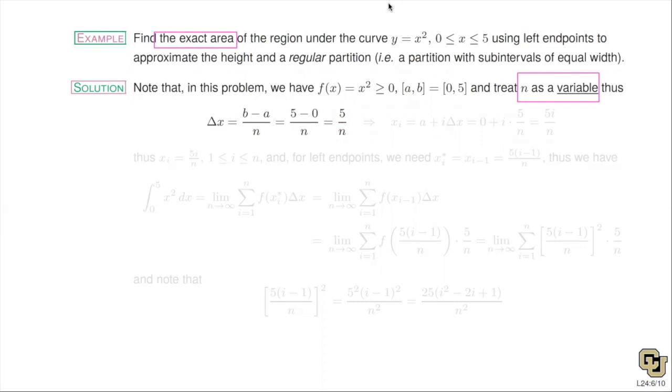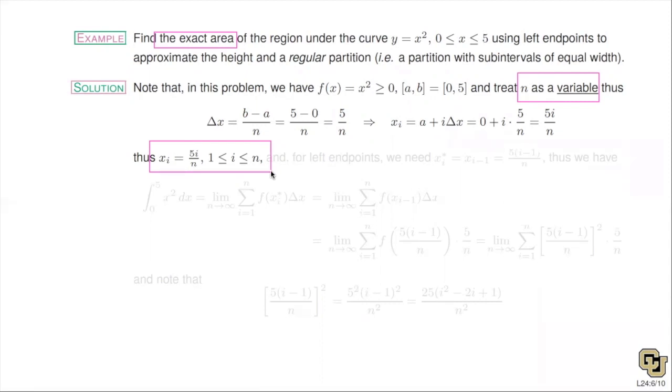Once I find delta x, I can find x sub i, which is a plus i delta x. A is 0 in this case. Delta x is 5 over n. So multiplying, I get the formula for x sub i. It's 5i over n, where i goes between 1 and n.